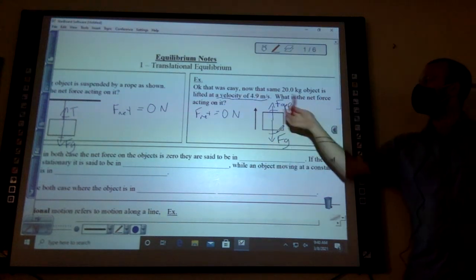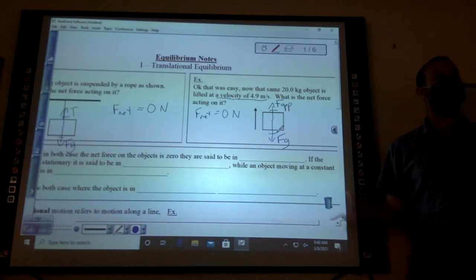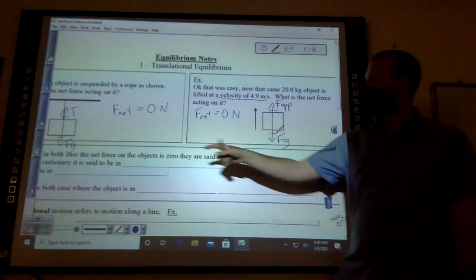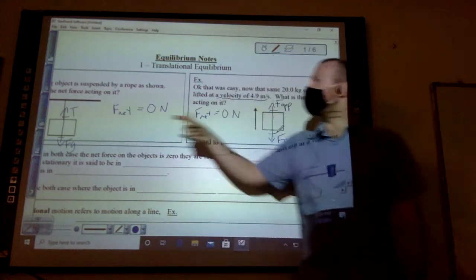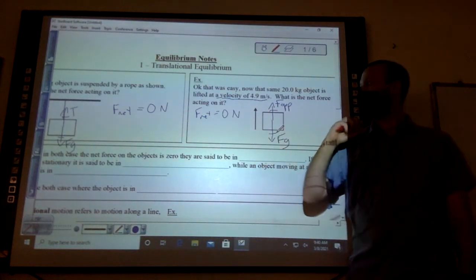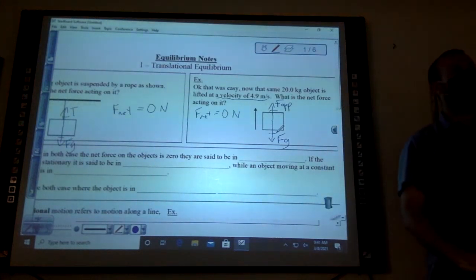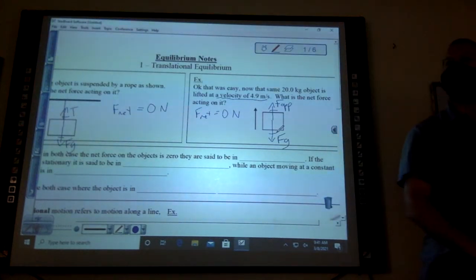So from this diagram, how can I tell this is moving? You can't tell, right?